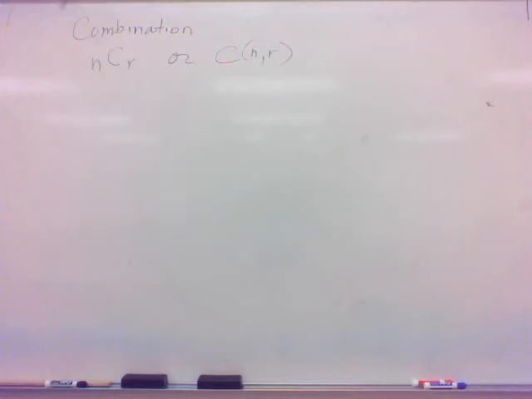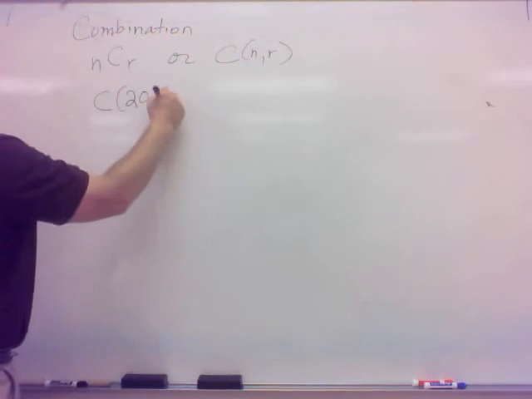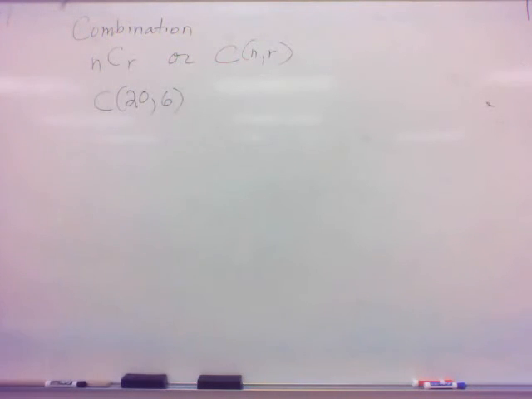It's a combination, not a permutation. And it's basically the same thing except it's called a combination. Let's just do comparison-wise. Combination 20, 6. We just did permutation 20, 6, and it was a big number.